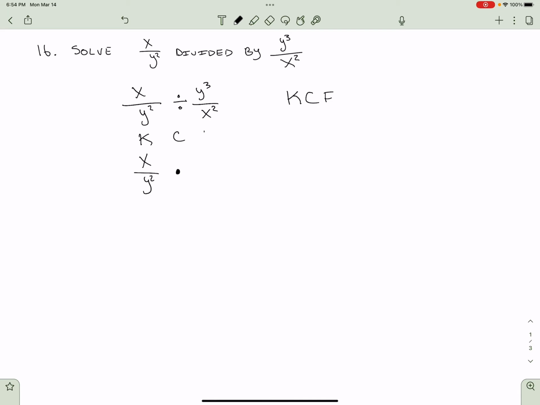And we are going to flip or use an inverse like this to turn this fraction upside down. And this is a mathematical rule.